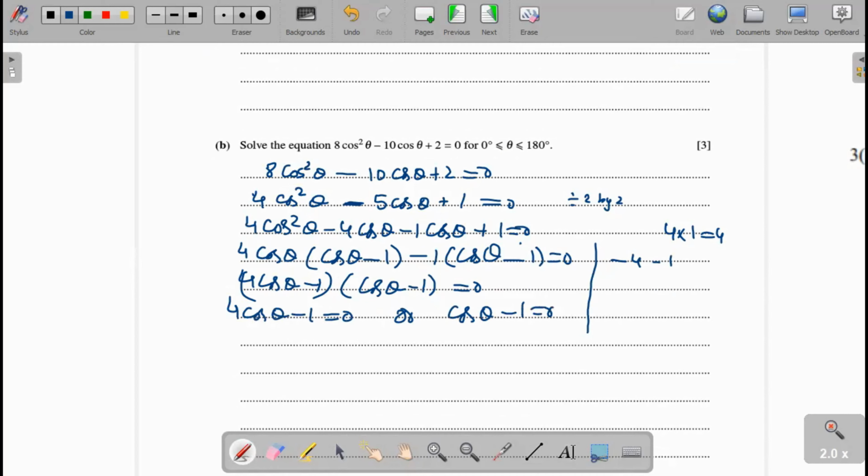It means cosθ = 1/4, so θ = cos⁻¹(1/4), and θ = cos⁻¹(1).